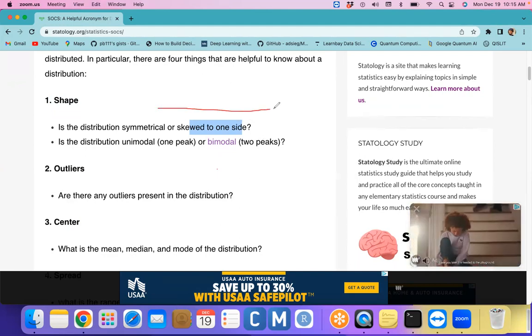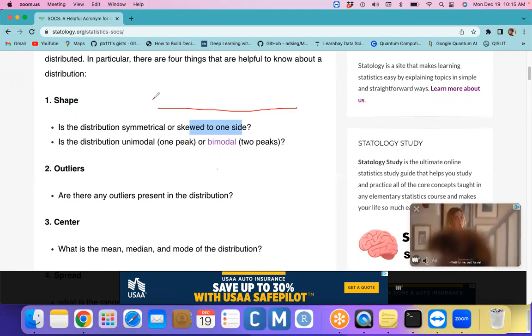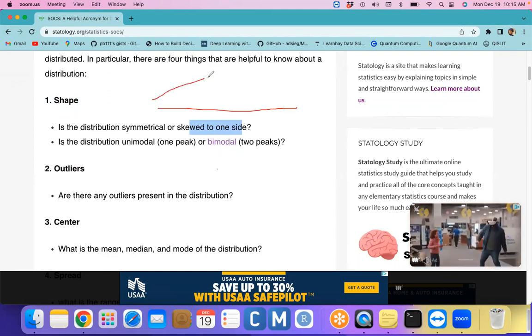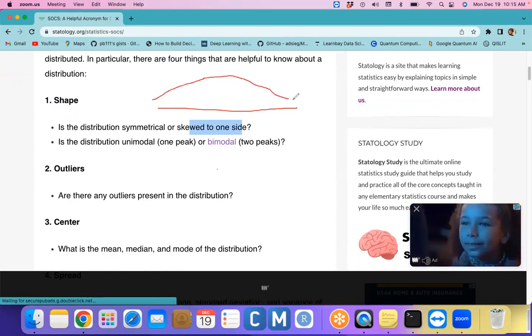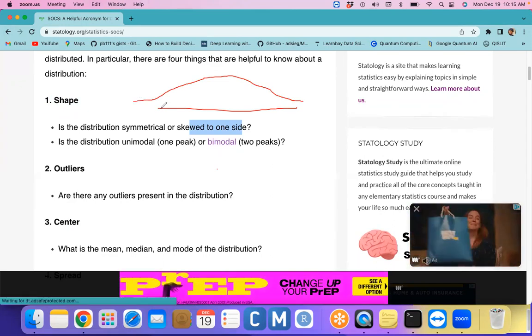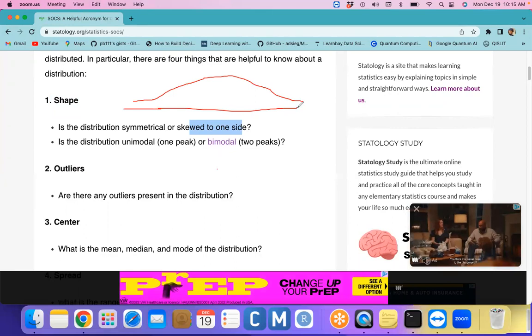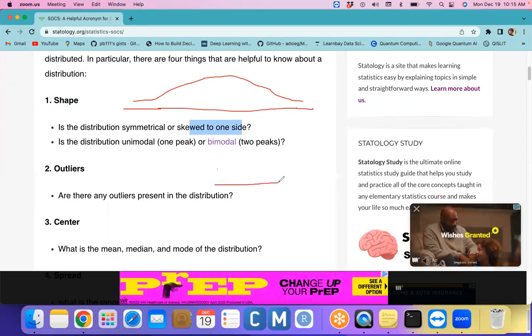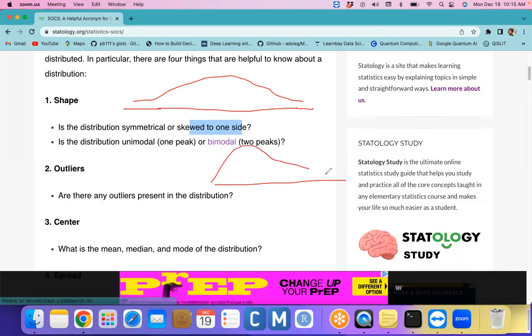For example, when you plot the graph, you might get this kind of curve, which means the data is distributed symmetrically. But sometimes the data is not distributed like this. Maybe it can be distributed something like this. This is unsymmetric data.